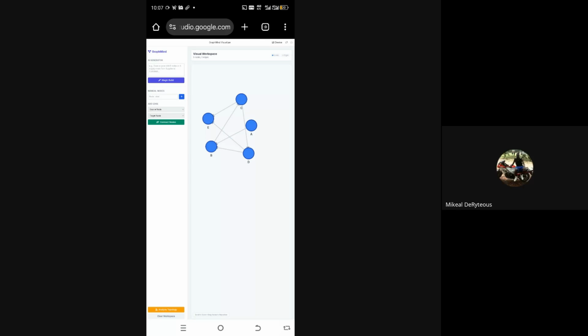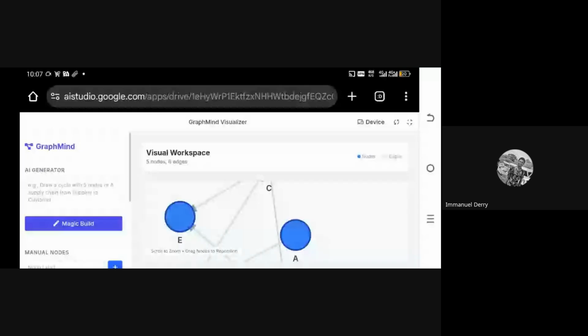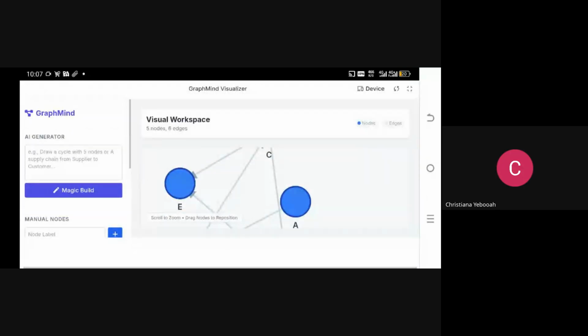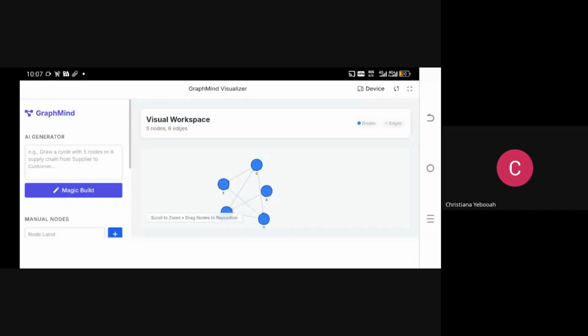Sir, so as I was saying earlier, the first step is determining which vertices A is connected to.